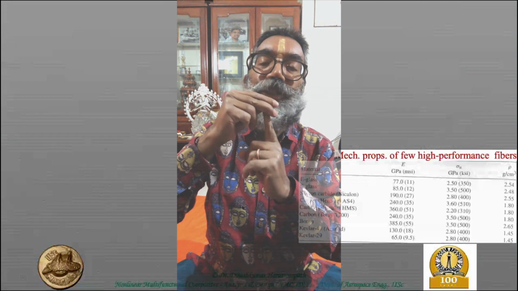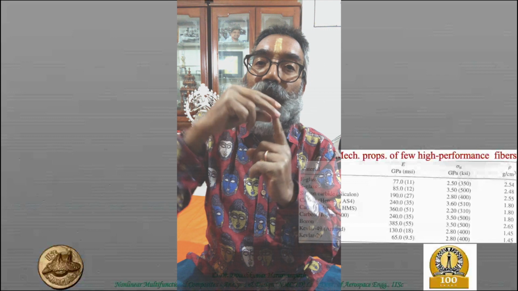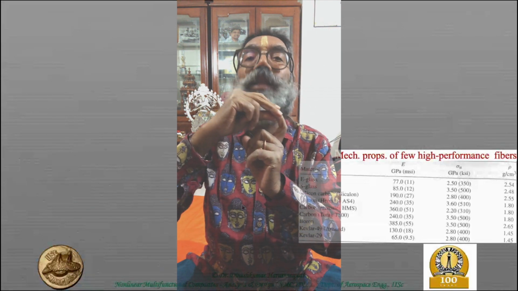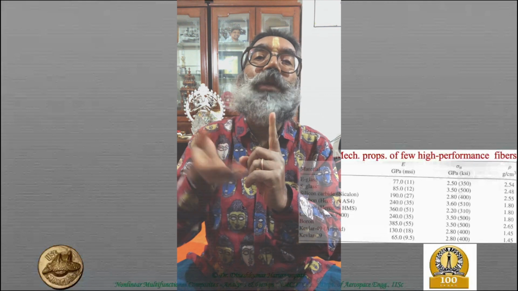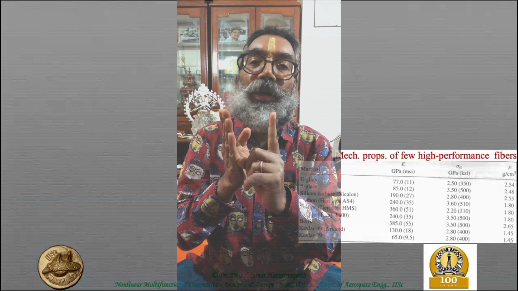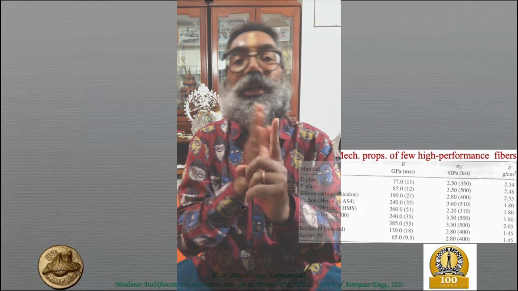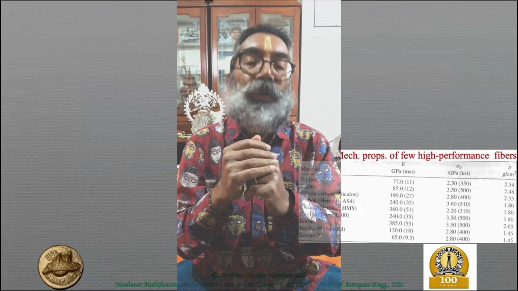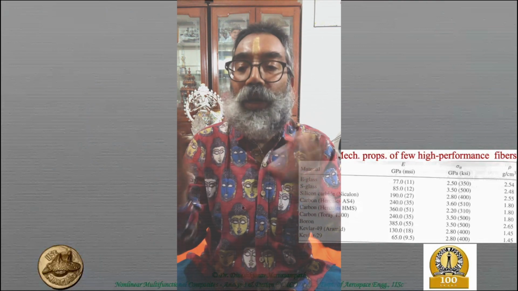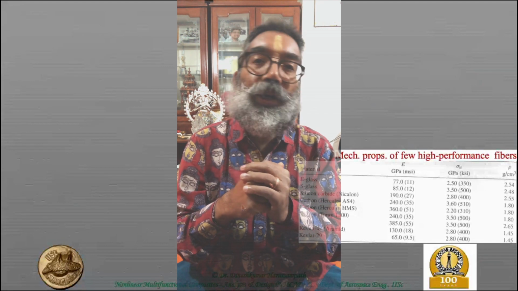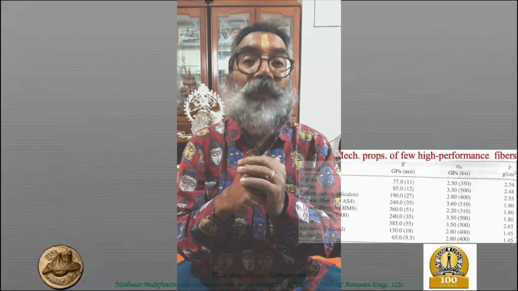So you have a rod which has a substantial compressive strength and bending strength also, because bending is something you get a strength only when you have both the tensile strength and compressive strength, because bending is going to be resisted partly by tension and partly by compression. So even if one of them is good, it's good in tension but it's not good in compression, then it's not good in bending. So that is basically the idea, and that's the reason why fibers are neither good in compression nor in bending nor in shear, but they are very good in tension.